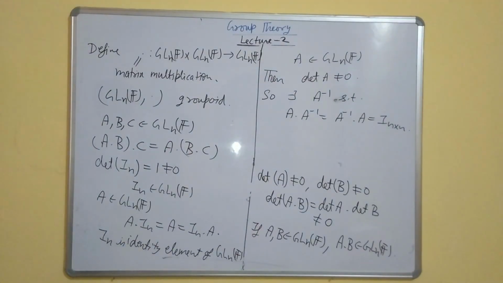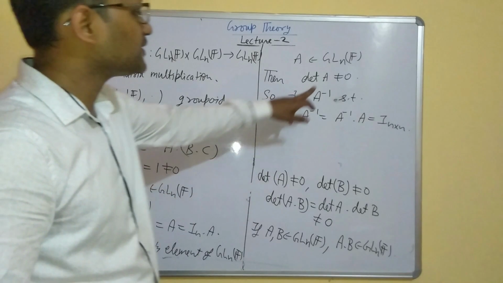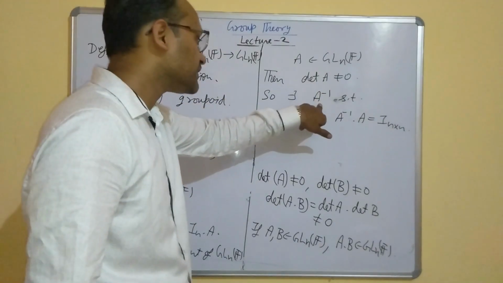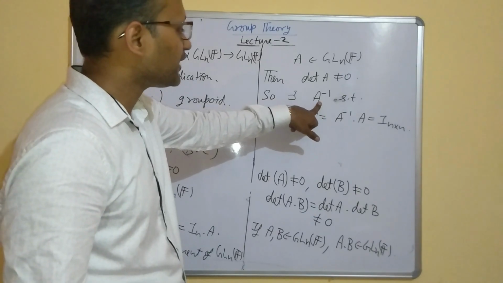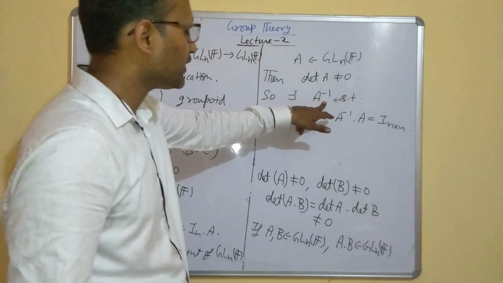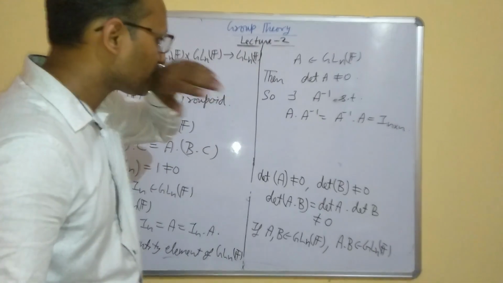I think you know that if the determinant of a matrix is non-zero, then there exists an inverse of the matrix, and that inverse is actually the adjoint of A upon the determinant of A.